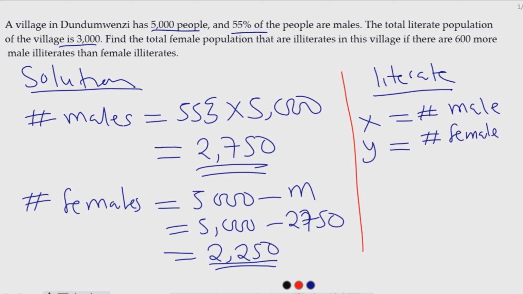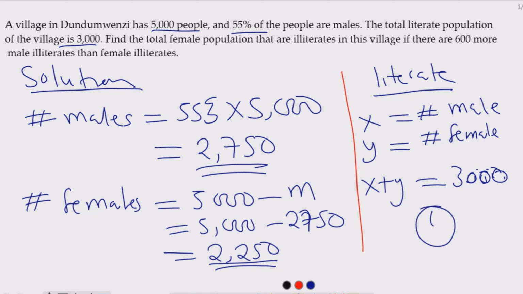So X plus Y should be 3,000. When you sum the literate females plus the literate males, we get 3,000 in total. We'll call this equation 1.